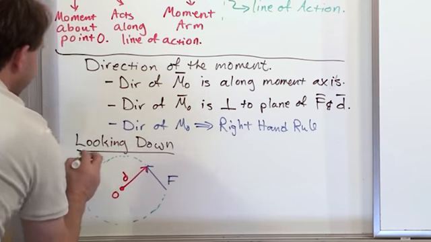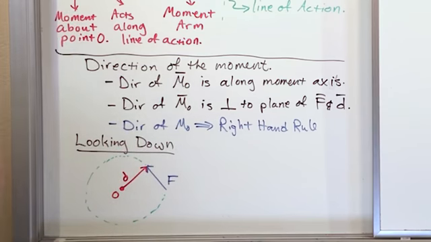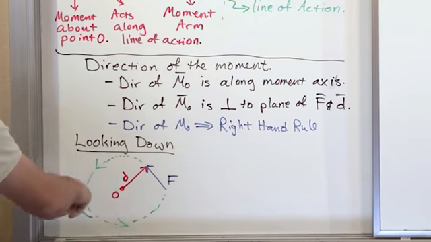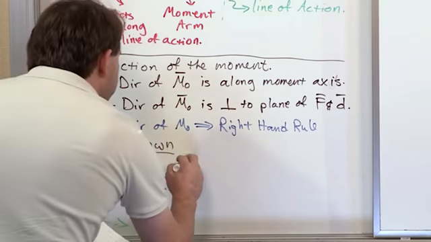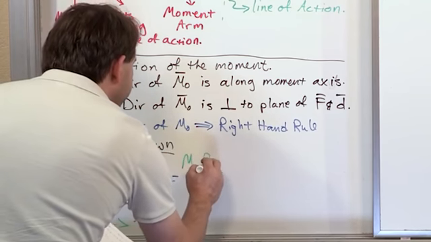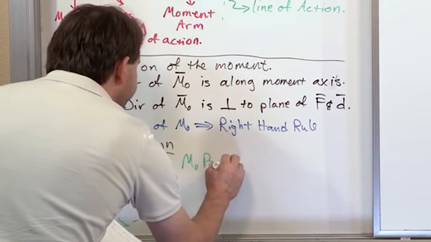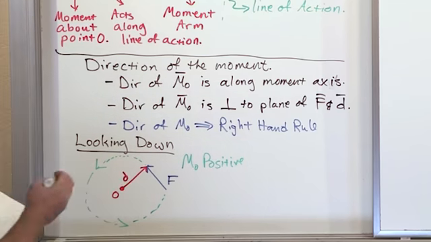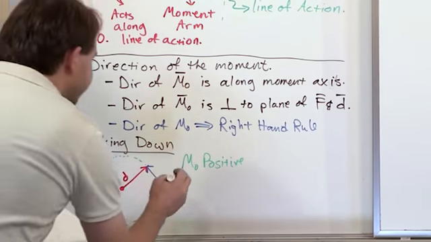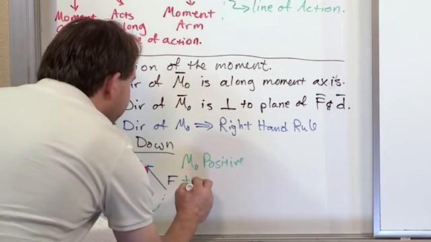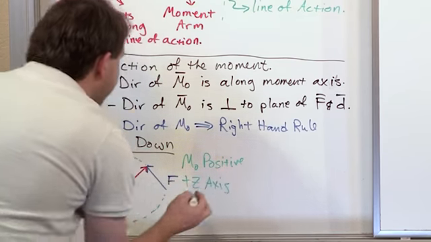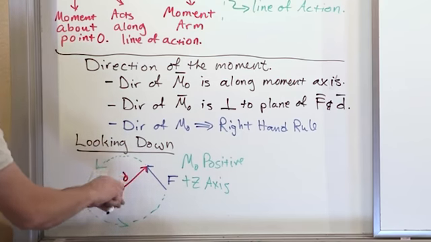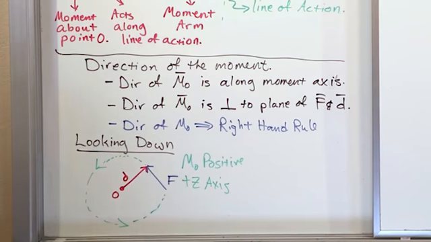Because it's rotating counterclockwise, the moment is positive, and the moment is coming out of the page, which is the positive z-axis. The arrow, if I could draw it in three dimensions, would be coming right out of this board: the vector moment coming out like that.